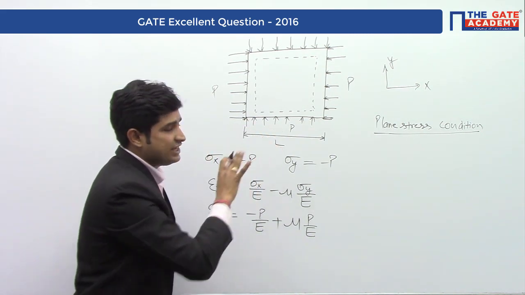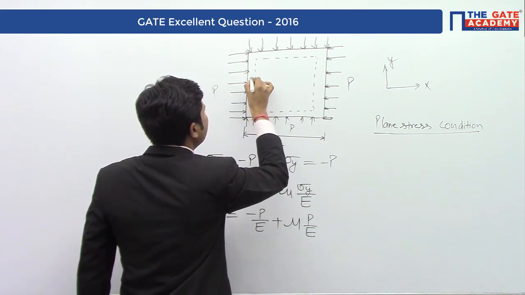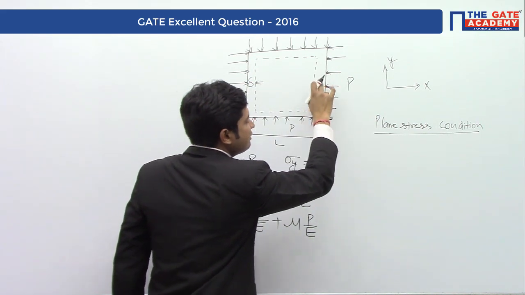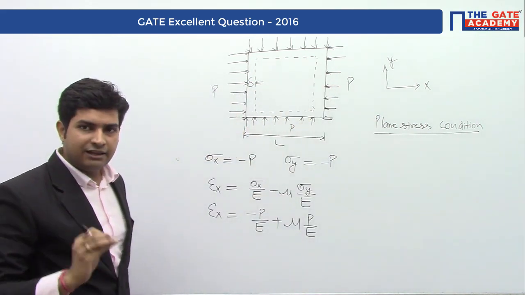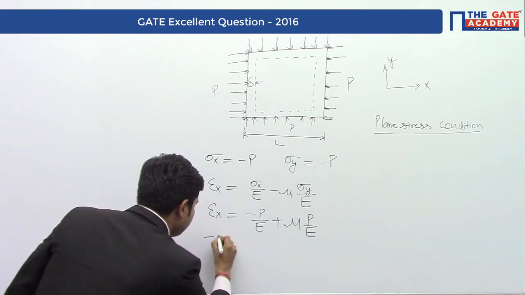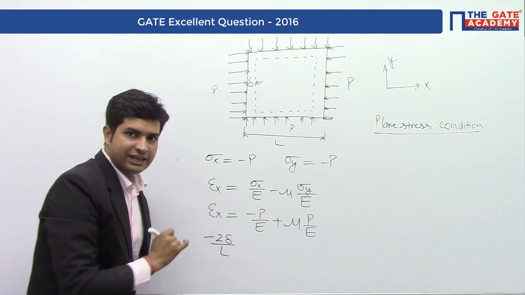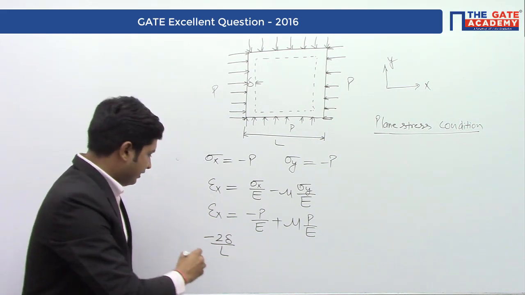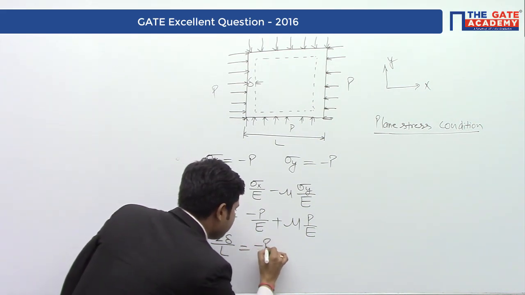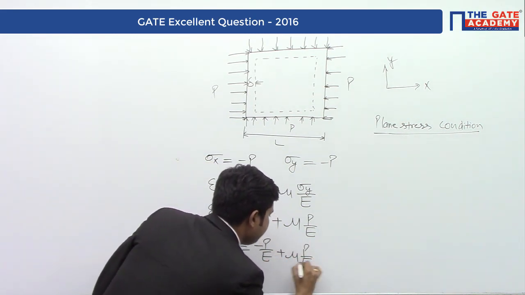And what is the total change in length in X direction? This is given as delta on each side, so the total change in length in X direction is 2 delta. So minus 2 delta divided by length, that is change in length upon original length, is given by minus P by E plus mu P by E.